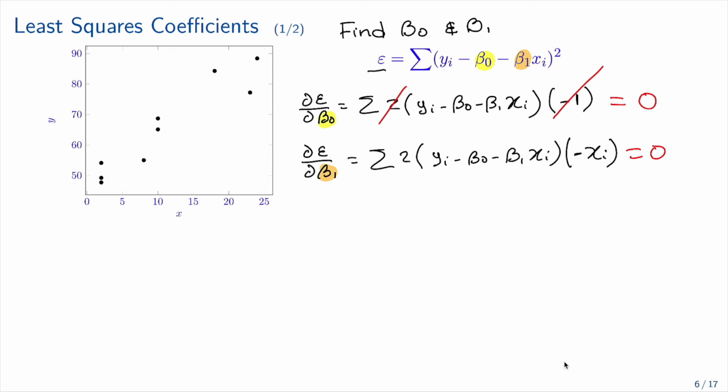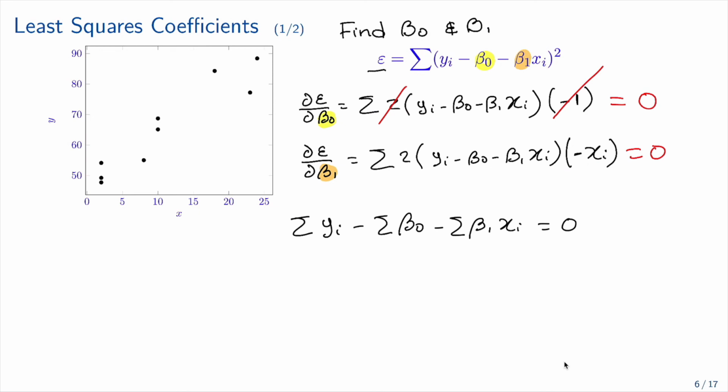In the first equation, we have the sum of yi, distributing the sum over each single term, minus the sum of beta 0, minus the sum of beta 1 xi, equal to 0.